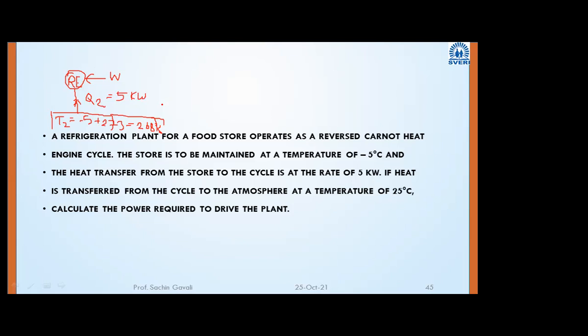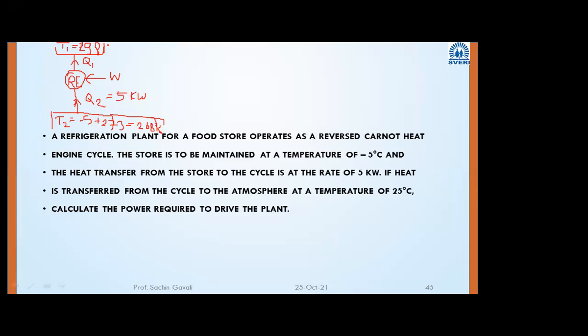It is transferred from the cycle to the atmosphere as Q1, at temperature T1, which is 25 degrees Celsius, meaning 298 Kelvin. I am directly writing now.